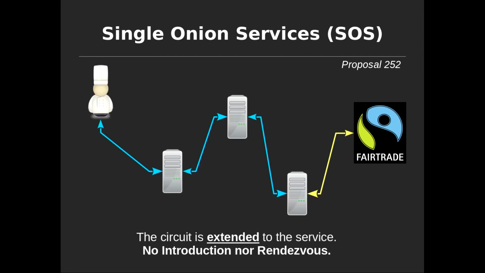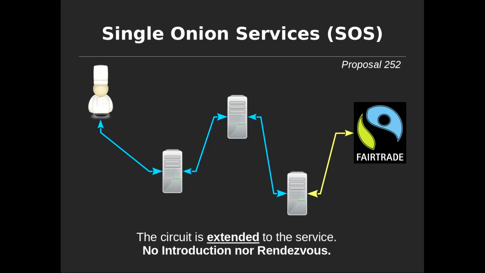You're going to do a 3-hop circuit to an introduction point, which is the yellow line, and then the client will go to that introduction point, and instead of having this current dance, the client extends to the service, and now we have a 3-hop thing, no prior work being done for introduction or rendezvous, and it goes way faster.